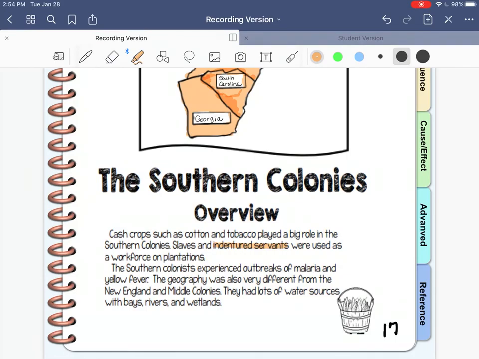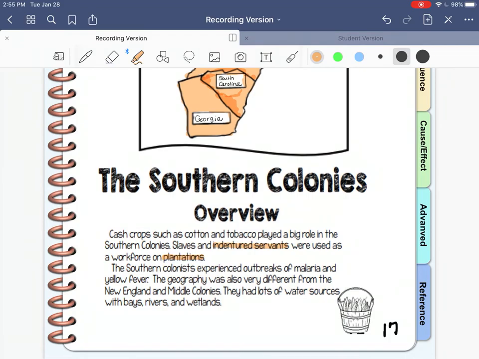So if I were living in England and I wanted to come over to live, say, in Georgia, I would agree that if you will pay my passage over, I will work for you for 7 years as an indentured servant. That's different than slaves. Slaves were forced to work. They were not paid, they were forced to work, and they did not have the opportunity for freedom. Indentured servants worked for a set time and then they were released to be free.